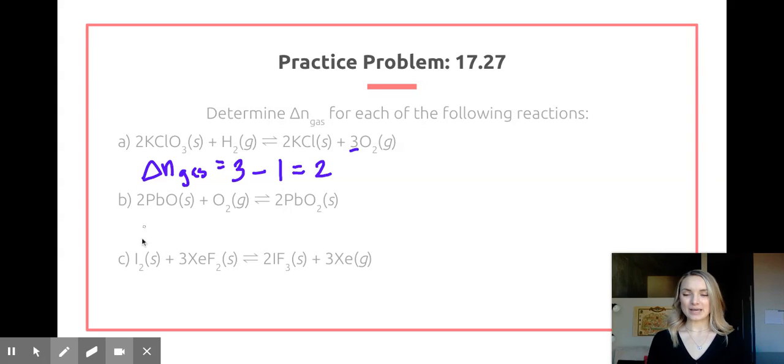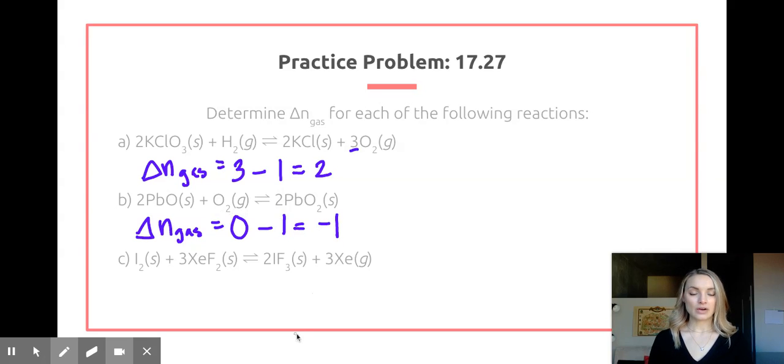When we look at example B, we've got 2 PbO solid plus O2 gas yields 2 PbO2 solid. So our change in amounts of gas is equal to 0 gases in our products, minus 1 for our O2 in our reactants. Our exponent would be negative 1.